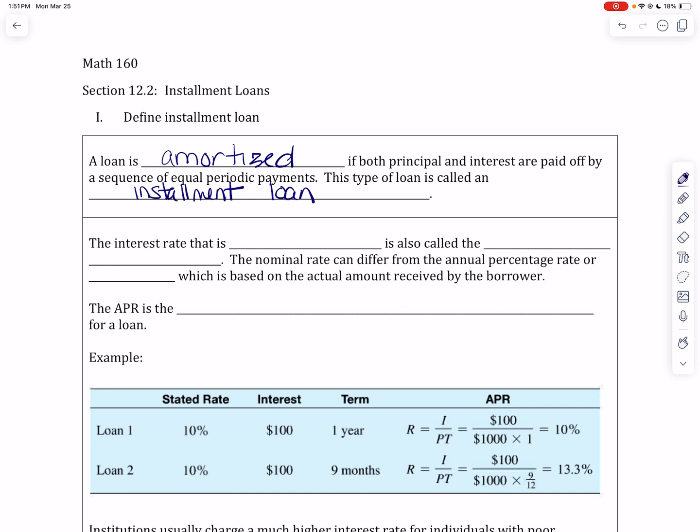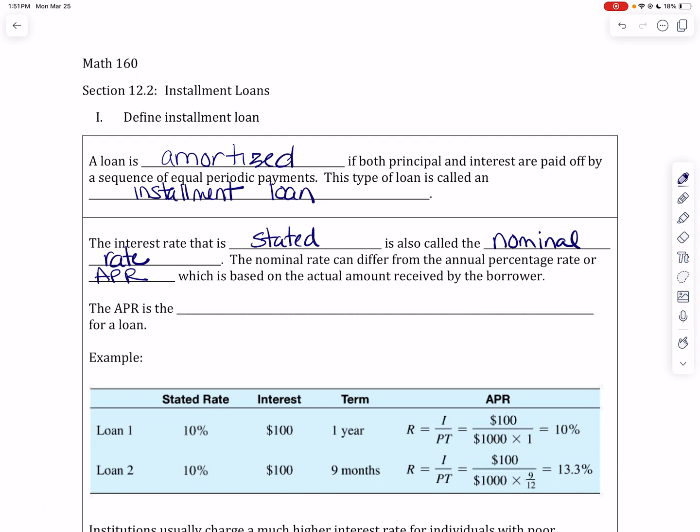The interest rate that is stated is also called the nominal rate. And that nominal rate can differ from the annual percentage rate, or what is known as the APR, which is based on the actual amount received by the borrower.